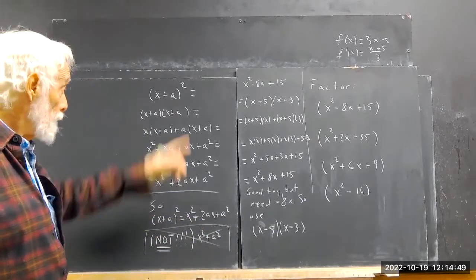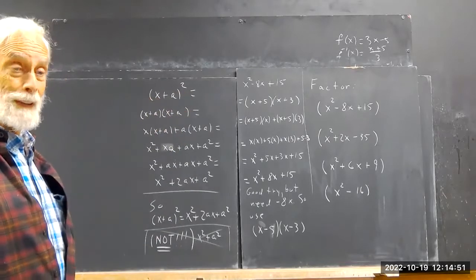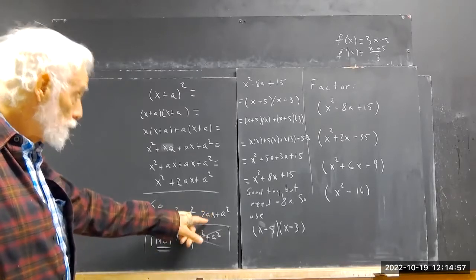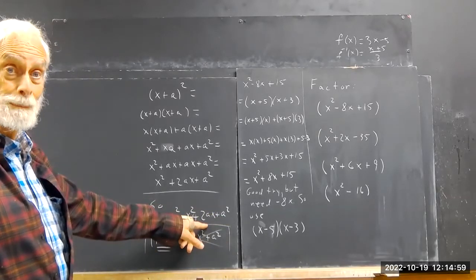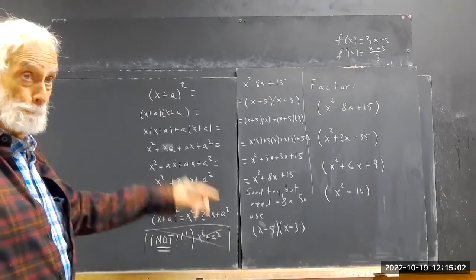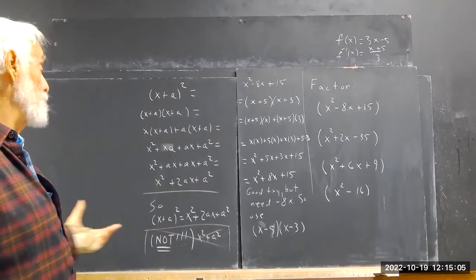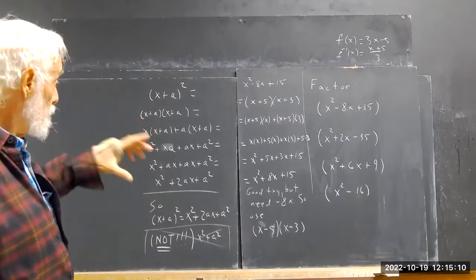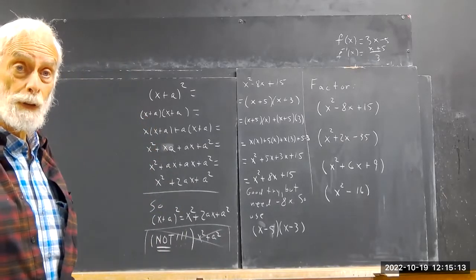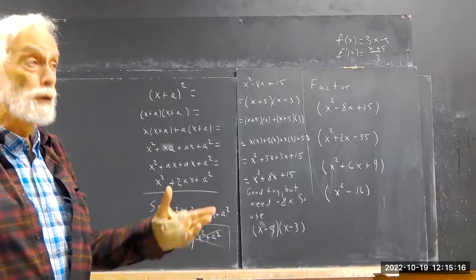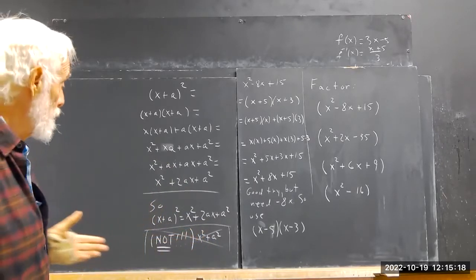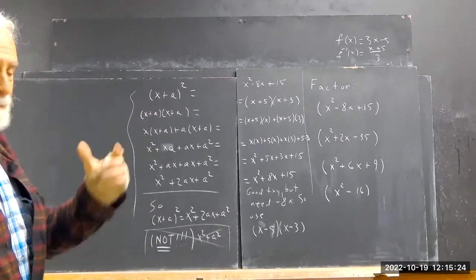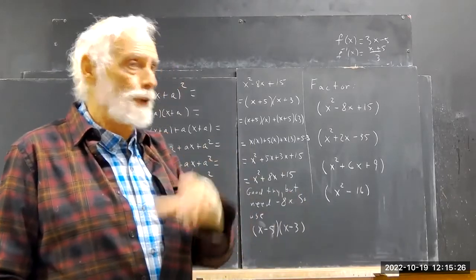You're used to the distributive law, so you want to distribute that squared through here, and it just doesn't work. x squared plus a squared is not the same as x squared plus 2ax plus a squared. That's what it has to be. Okay. And then you start recognizing this product, and Open Math is going to run you through that. Stick to what you understand about the distributive law. Make sure you understand this in its total context, okay? But these are two tricks, okay? It's the difference of two squares or the square of a sum.